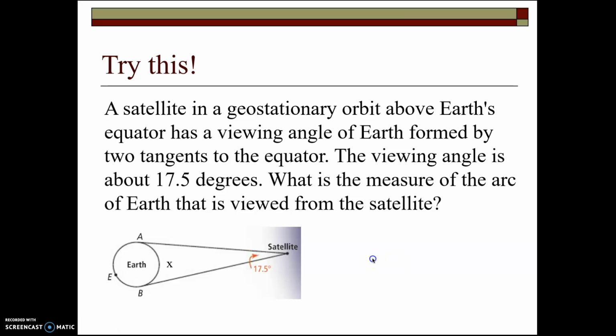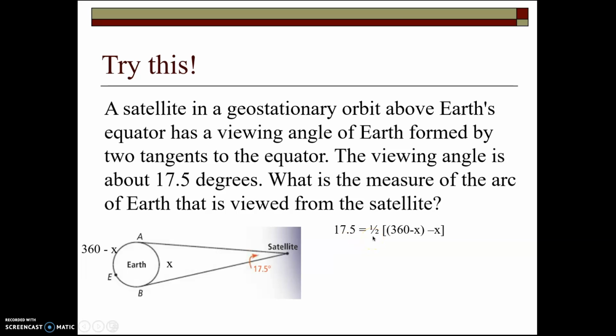So that's going to be the big part of the circle back here, the major arc back here, is 360 minus X. You got to remember that the whole circle is 360. So this is going to be represented by 360 minus X for the bigger arc, and then X for the smaller. So the angle outside, the 17.5, equals 1/2.